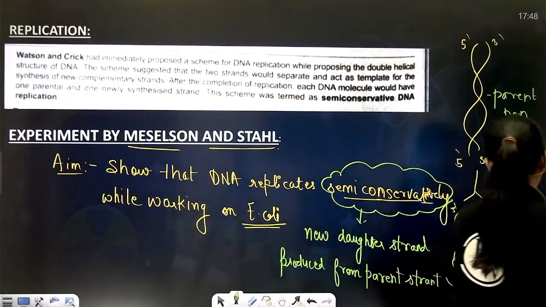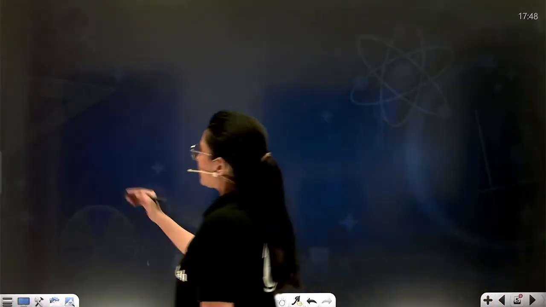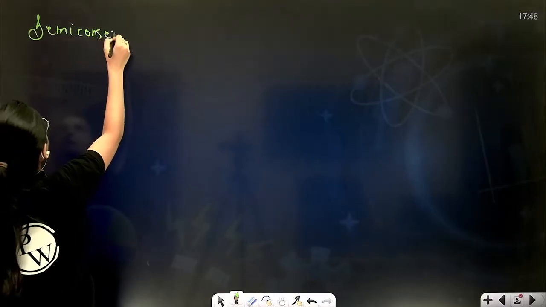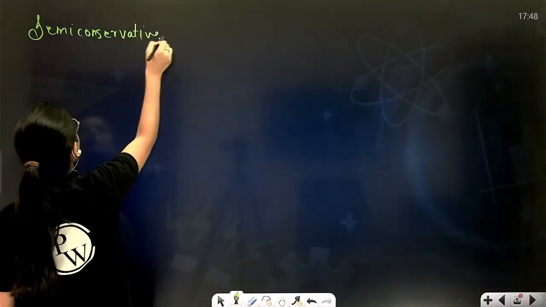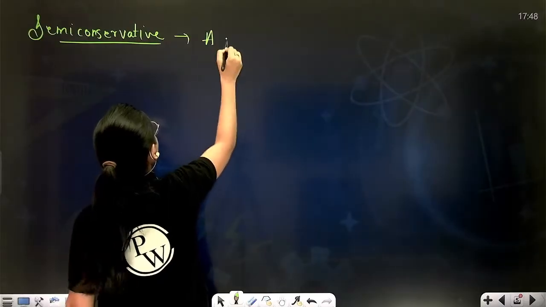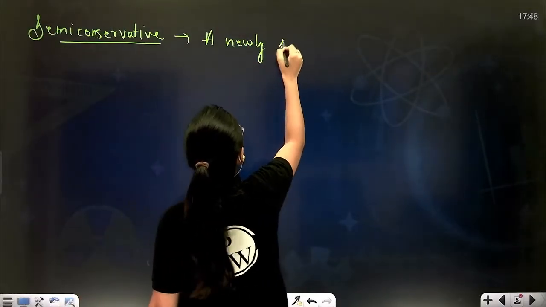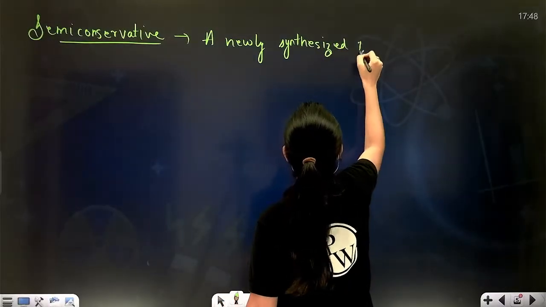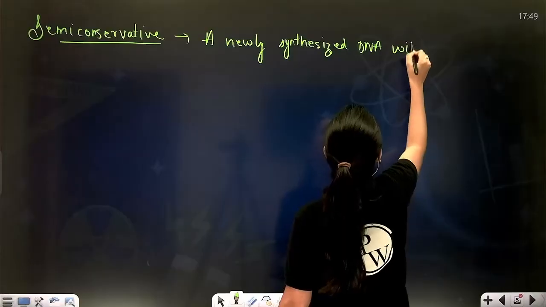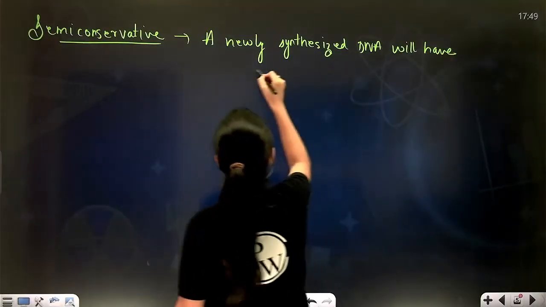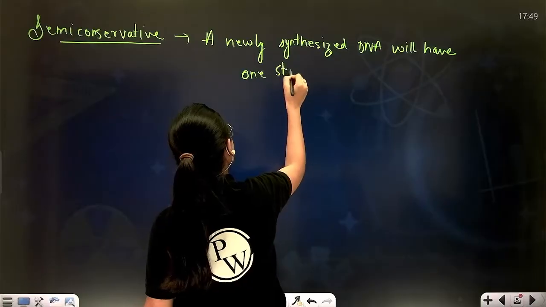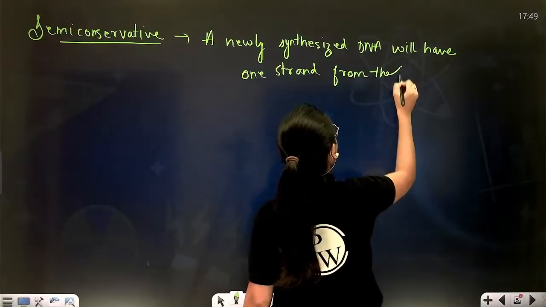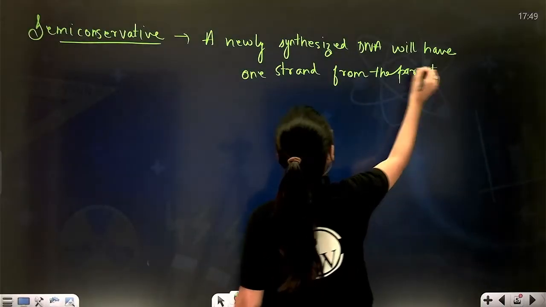So what are you going to write? Let me write it over here again. Semi-conservative replication means that a newly synthesized DNA will have one strand from the parent, and another strand will be newly synthesized.